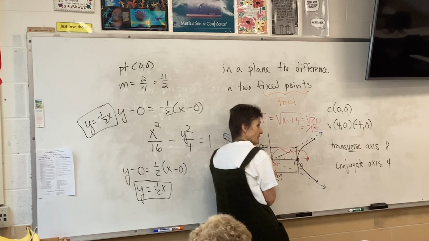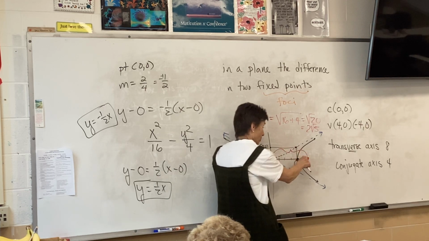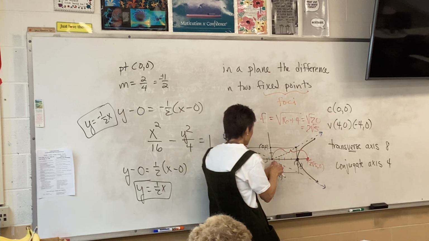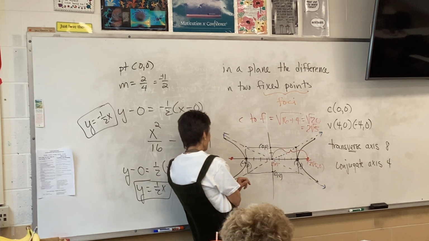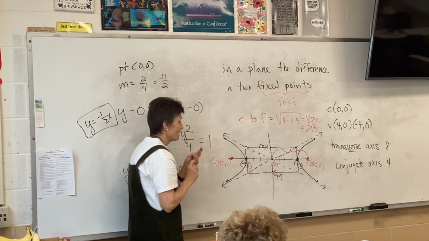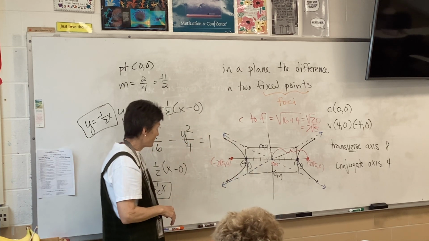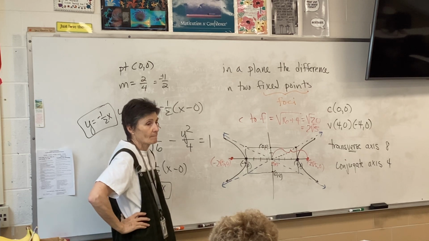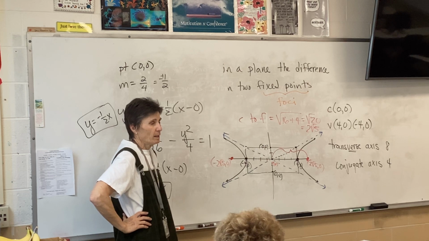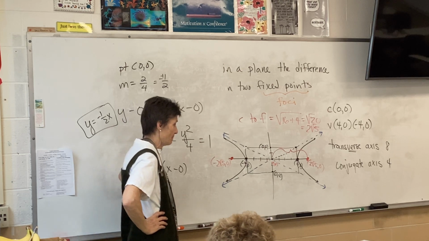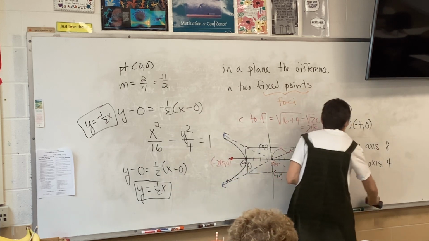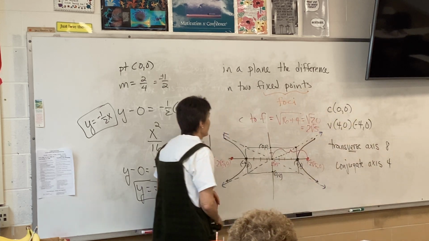So this point is going to be 0 plus 2 root 5, comma 0, and this one is 0 minus 2 root 5, comma 0. And those are our foci. A lot of that is just like the ellipse, but there are a few differences that we need to keep track of.